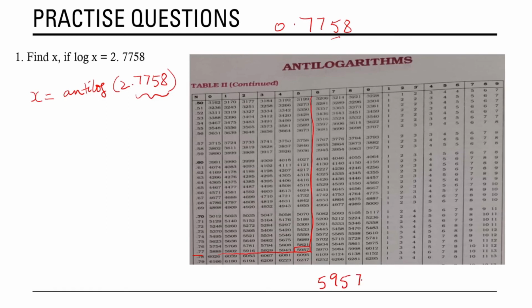The next digit is 8, so we look into the mean difference column. The number corresponding to 8 is 11. So we add these two, and we get 5968.